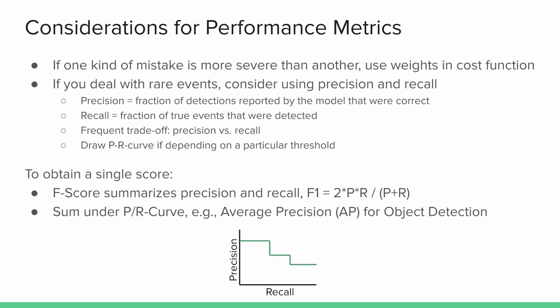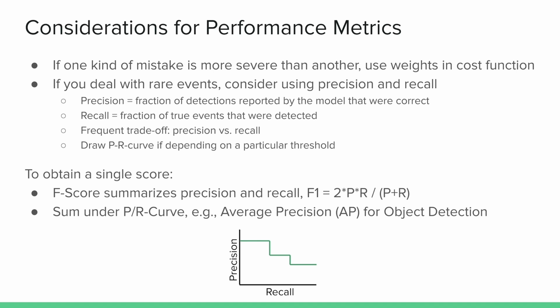And people love to summarize precision and recall into just one output metric. Everyone wants to just have one number, and if that number is good, you're done and you can clap yourself on the shoulder. So what they've come up with is, for example, that you can summarize this as an F-score, which takes precision and recall and summarizes that in a single number, or the sum under the precision recall curve. So when you think about this curve, as you move towards a higher recall, your precision will drop, and vice versa.